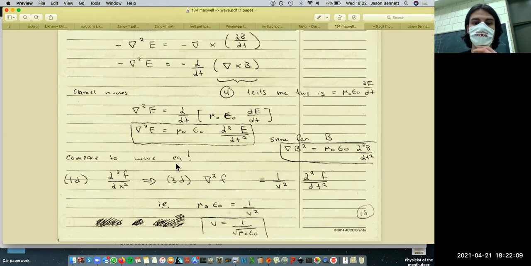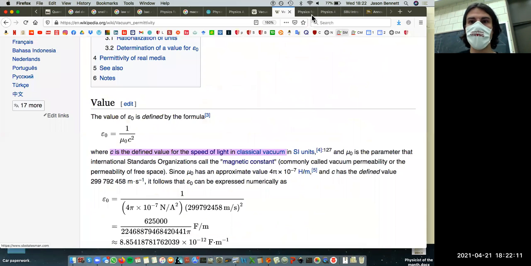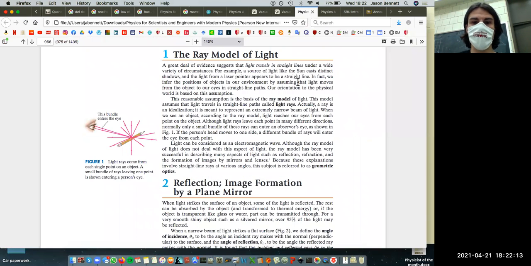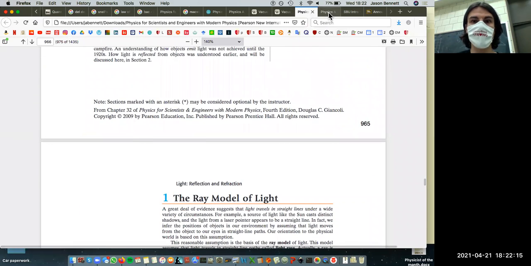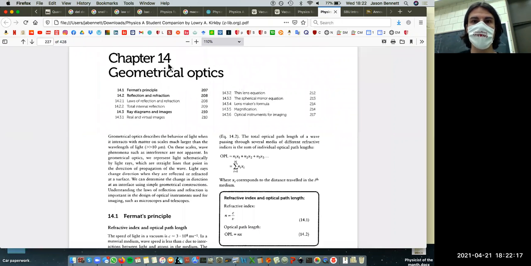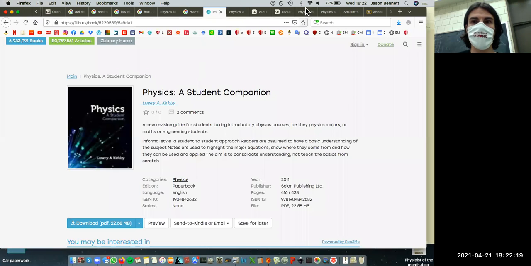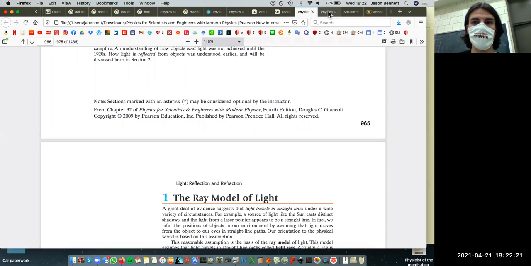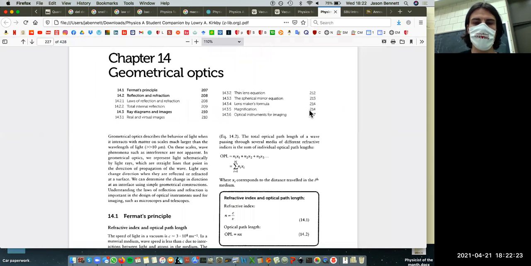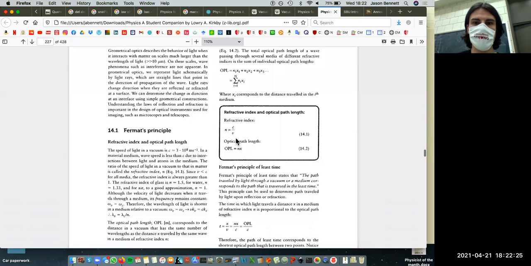And in particular, what we're going to be doing in lab is from this area called optics, or geometric optics. Here's that same textbook again, which gives a really nice derivation based on something called optical path length.